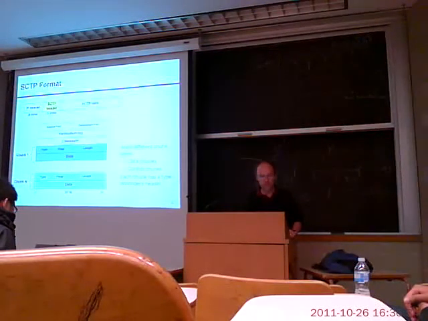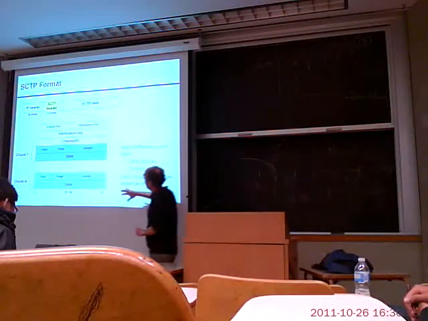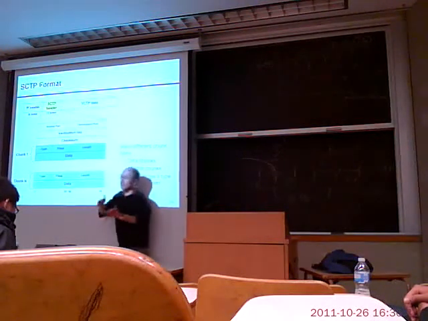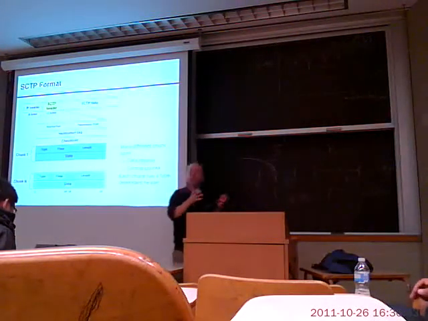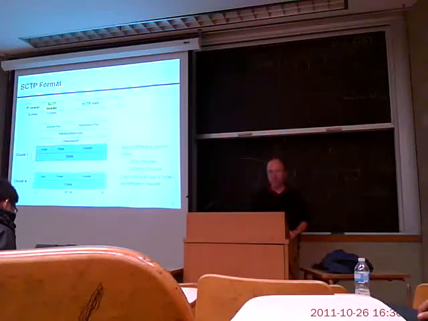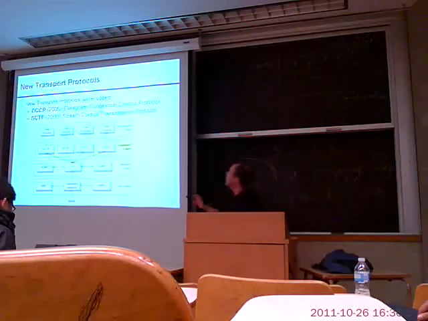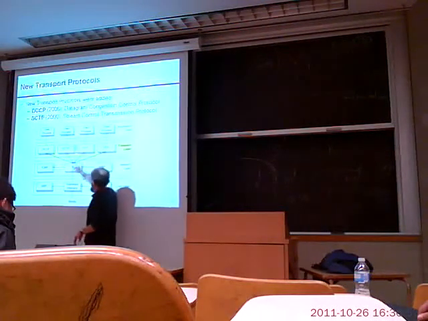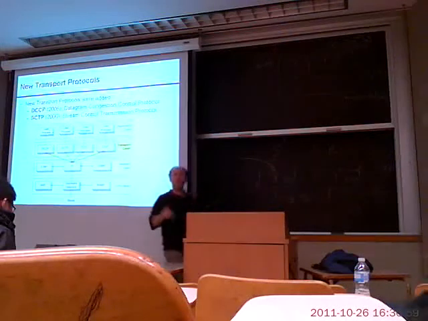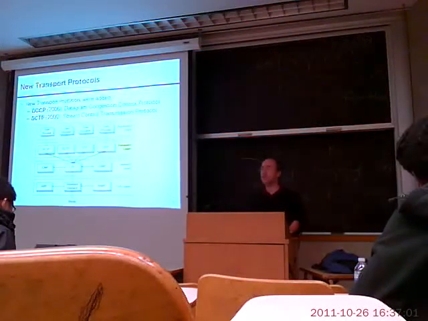These are the packet formats. What SCTP does is you can have multiple substreams in the data flow. Anyway, just to give you a flavor that there's more coming. To my knowledge, there's no other transfer protocol currently being developed.